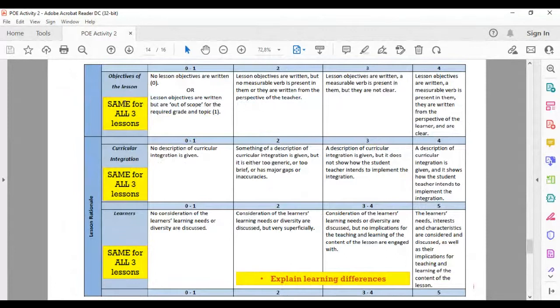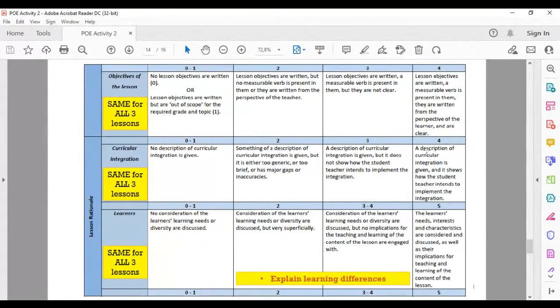Objectives of the lesson, also the same for all 3 lessons, written with a measurable verb from the perspective of the learners, clear, and also linked to the CAPs. Curricular integration: please people, do integrate, because this is worth 4 marks. If you do not give a description of the integration, you cannot earn any marks here.